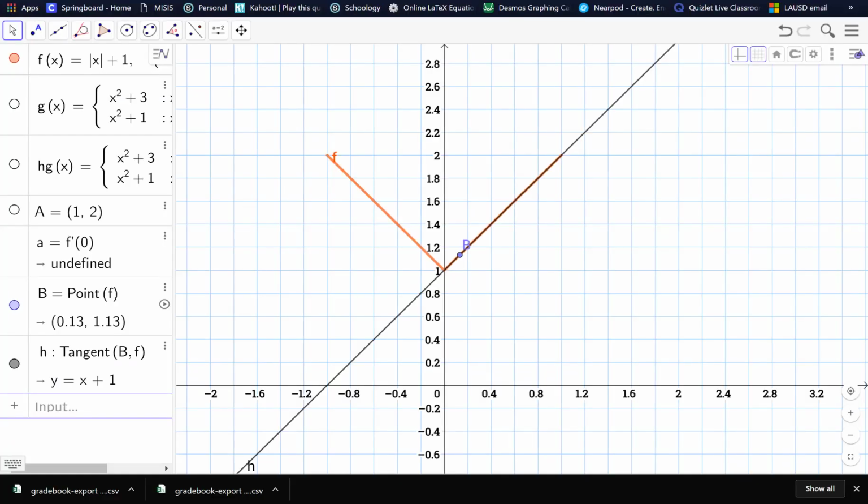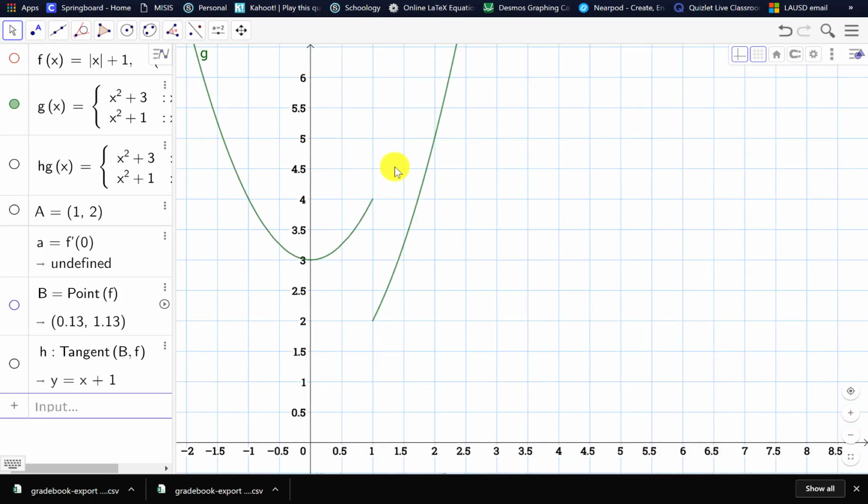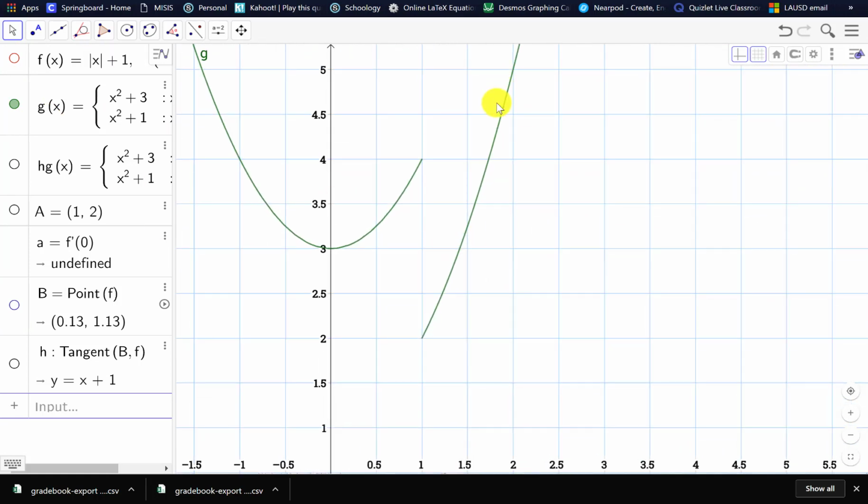So let's pull up the graph. I'm going to get rid of my absolute value graph here. So here's the graph of this function. But we only want it from -1 to 1. You'll notice that at 1, it's right here. If I restrict my graph, now I'm going to have something that looks like this.